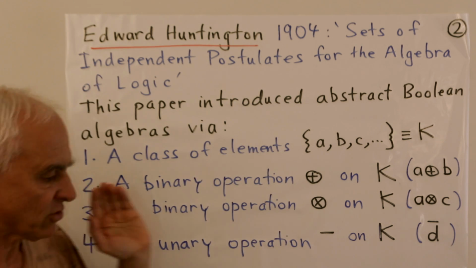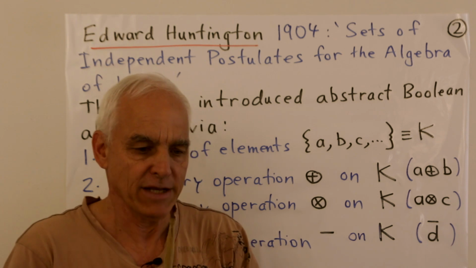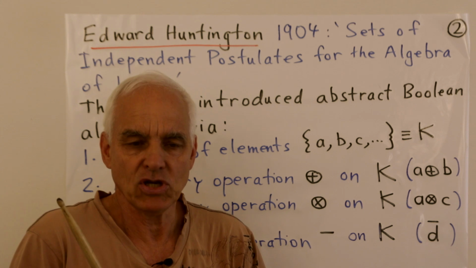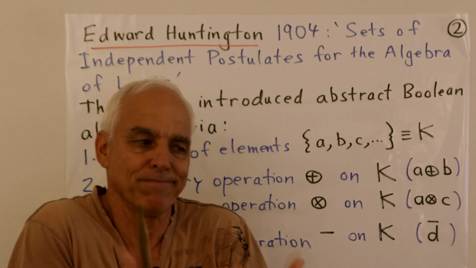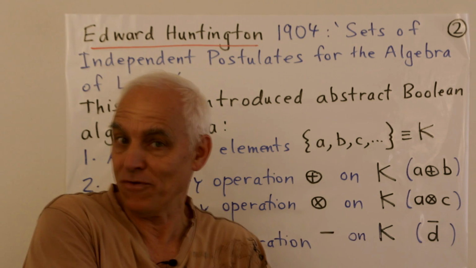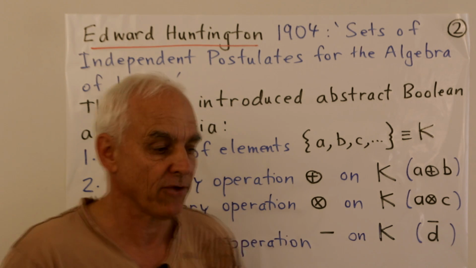He said, okay, what's really happening with this algebra of Boole? We have these zeros and ones, and we have these operations, but at some level you can just think about the operations as being somehow the basic ingredients and forget about what actually the nature of those operations is. Just study the operations and their properties.